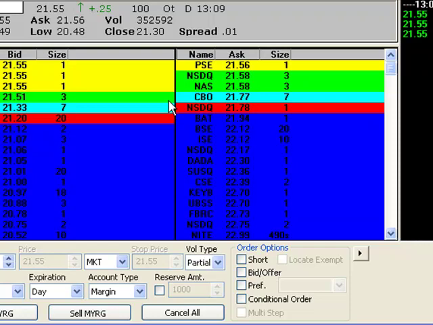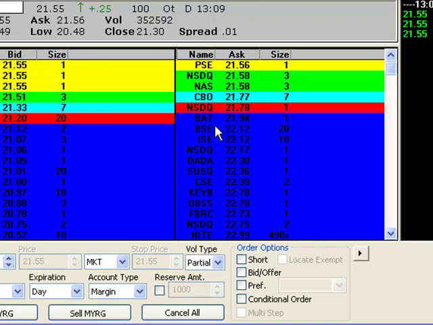So if you've ever seen that the current offer is 21.56 and you send a market order to buy 1,000 and your broker comes back and says you're filled at an average of 21.72, if you feel like you got ripped off, you didn't necessarily get ripped off, but you did put in a dumb order, because you have to look at where the liquidity is, where it appears the liquidity is.